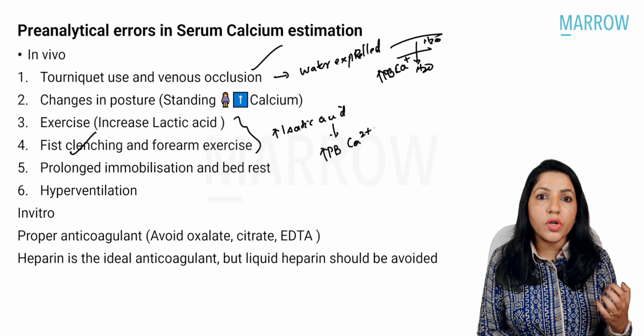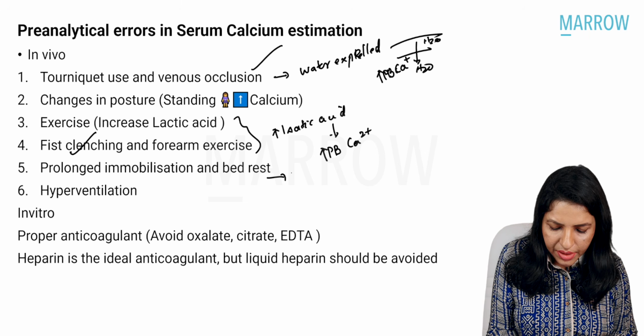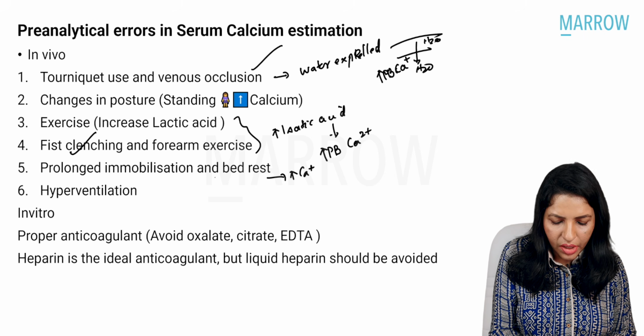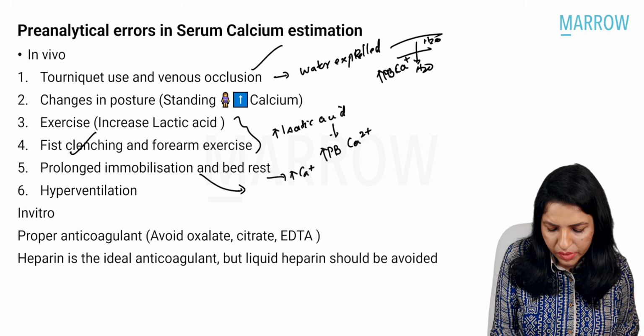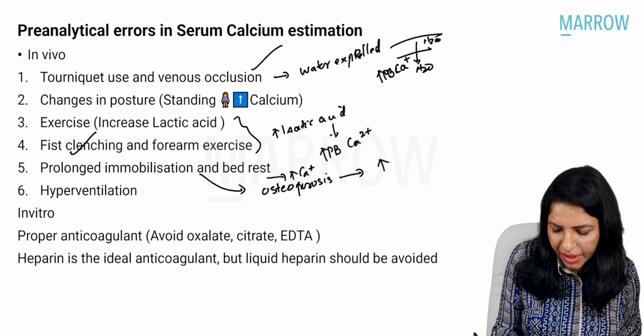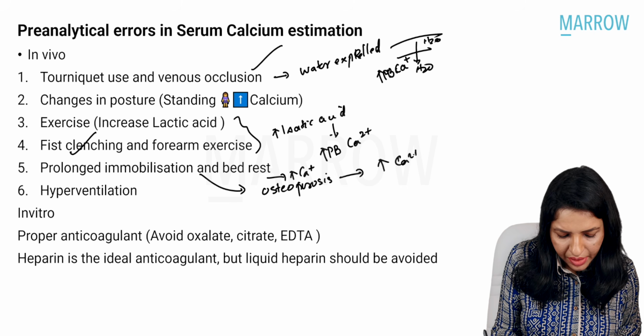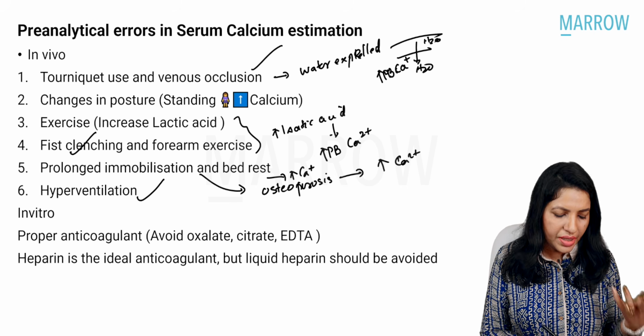Then prolonged immobilization and bed rest also increase the calcium level, because prolonged immobilization causes osteoporosis. So that can definitely increase the calcium level. Then hyperventilation also increases the calcium level.